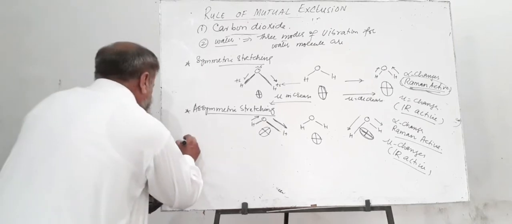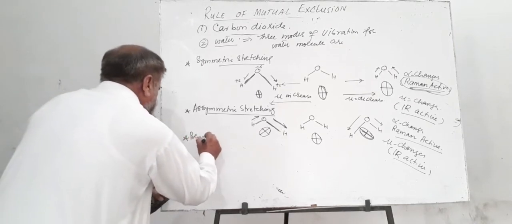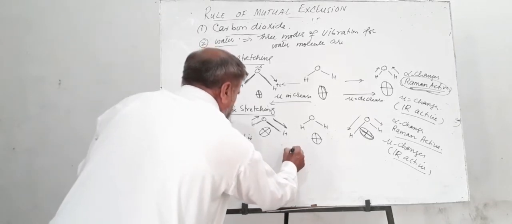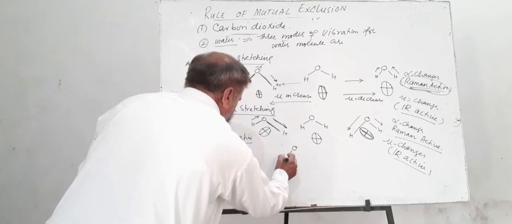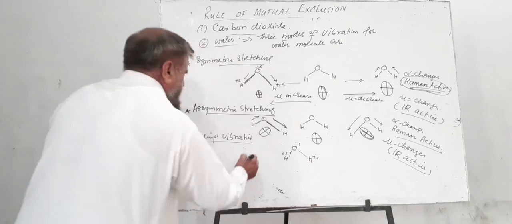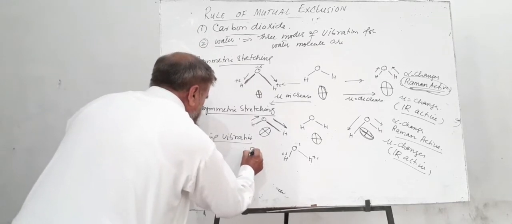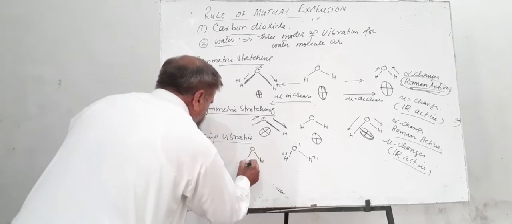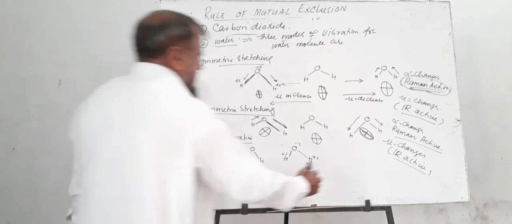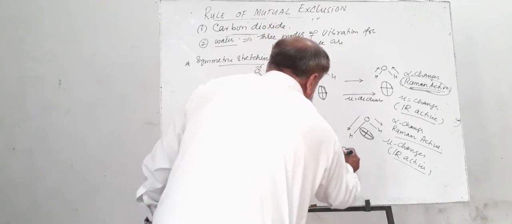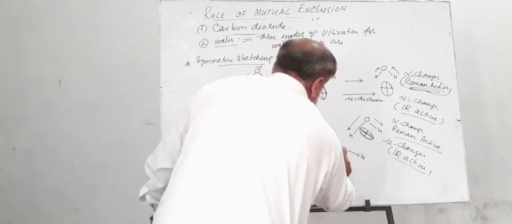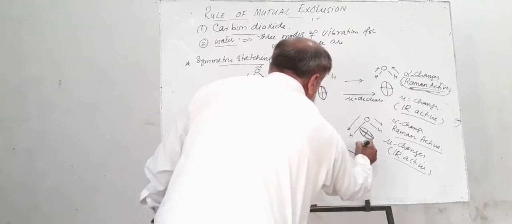The third vibration is the bending vibration, in which the bond angle changes and bond length remains the same. Here we have the water molecule. The hydrogen atoms are coming closer, the angle is decreasing, and in this case the hydrogen atoms are going away from each other.